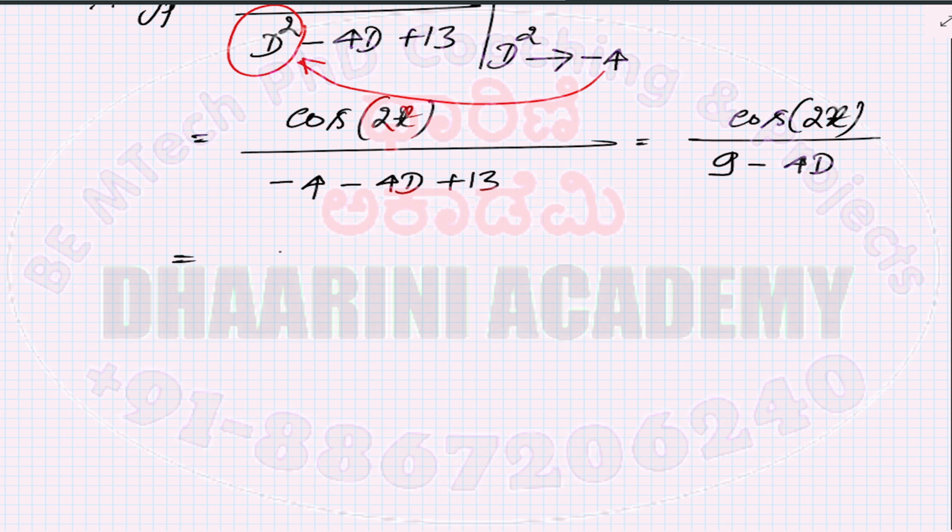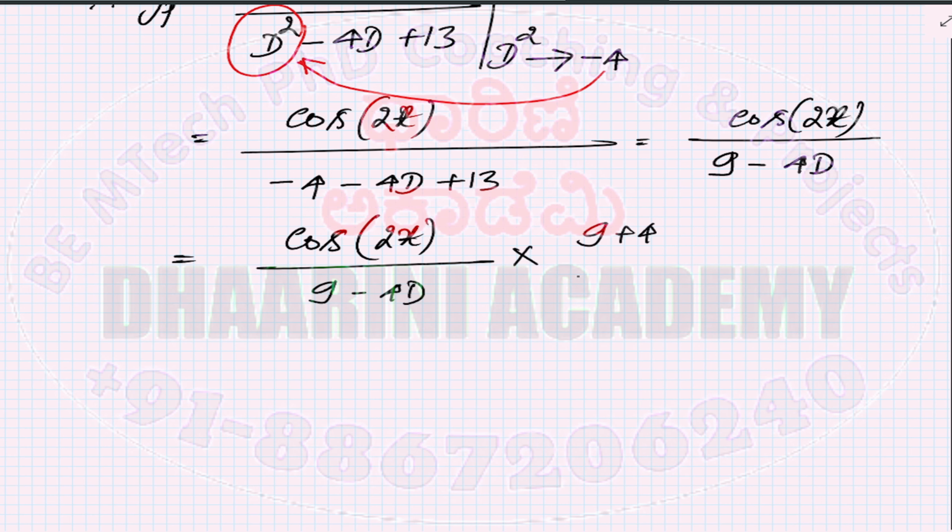So I'll write as it is first. So this is cos 2x divided by, this is 9 minus 4d, multiplied with 9 plus 4d divided by 9 plus 4d.